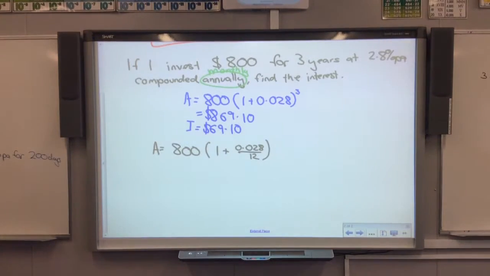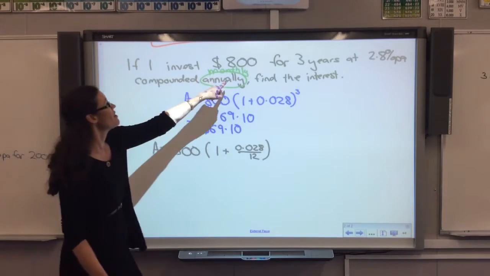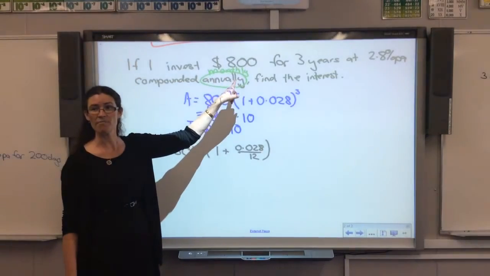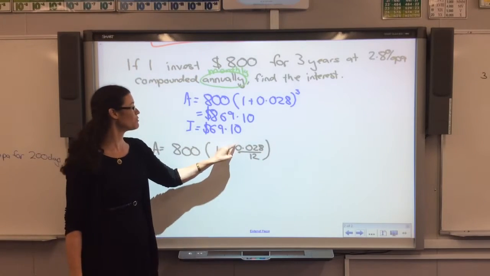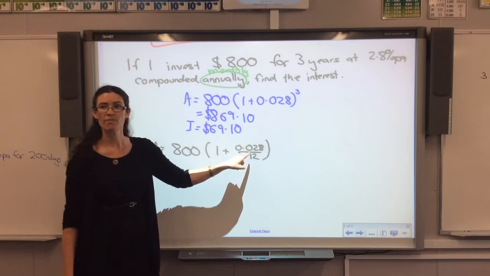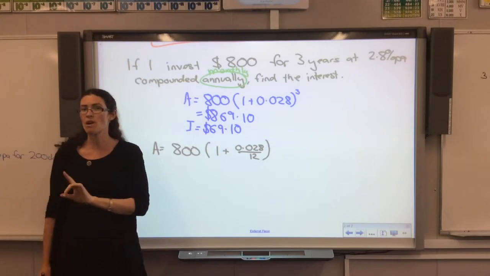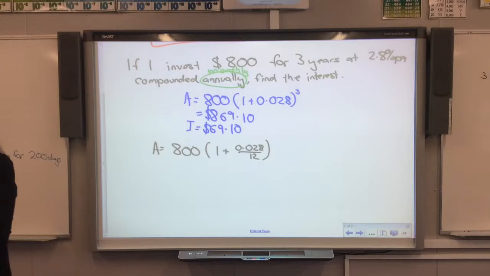Is everyone happy with that? Because I can't earn the whole year's interest each month. Because remember this, everything must change to monthly. So I must change my R to monthly and my N to monthly. So this was my whole year's interest rate. So if I divide it by 12, it gives me 1 month's interest rate. Are we happy with that?